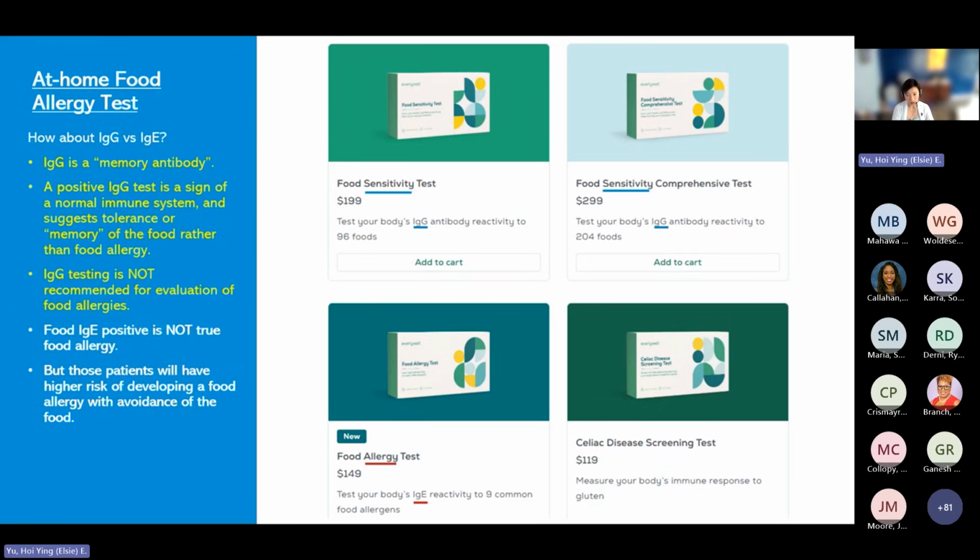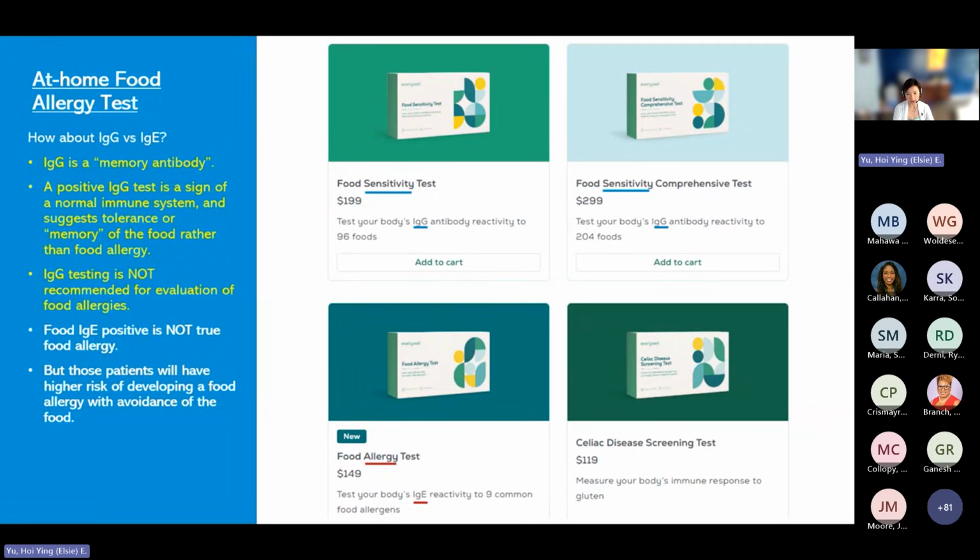The IgE test is confusing though. Typically, we think about the IgE test as an allergy test, but for food, if you have an IgE positive food test, it does not necessarily mean that you are presenting with a food allergy.